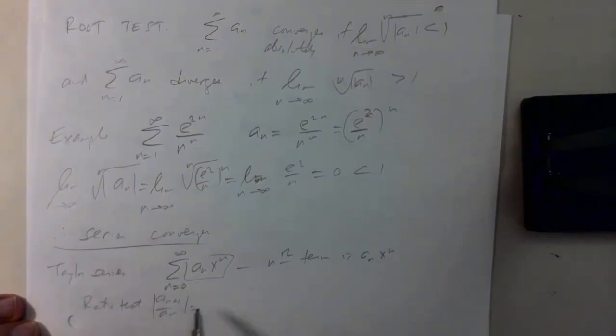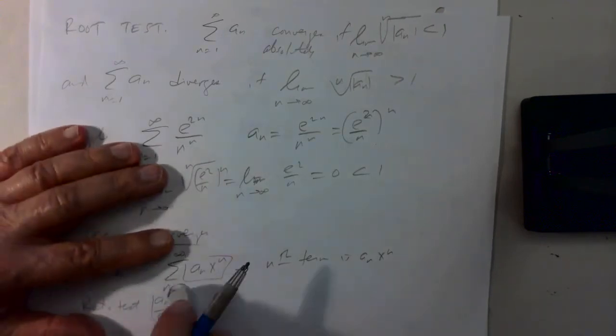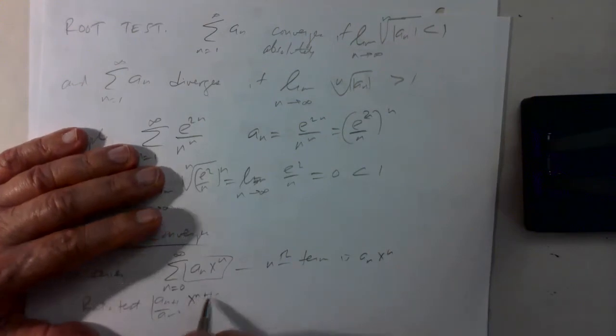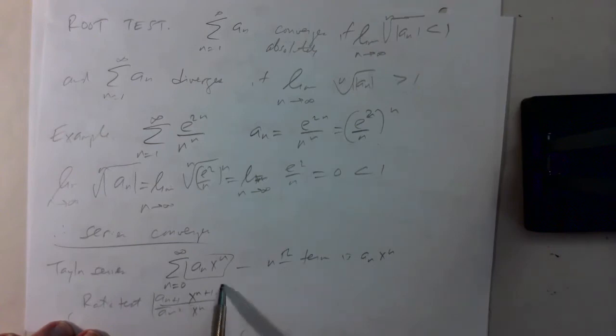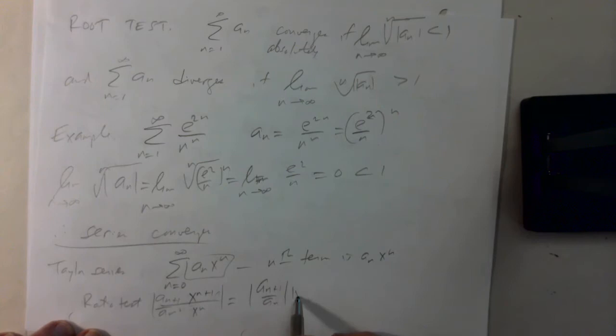So in the ratio test, we would be looking at a sub n plus 1 x to the n plus 1 over a sub n x to the n, which is a sub n plus 1 over a sub n, times the absolute value of x.